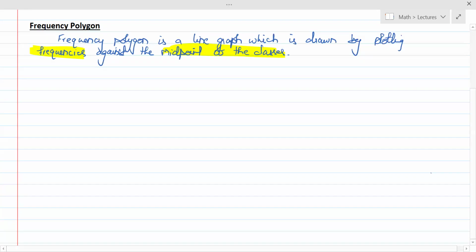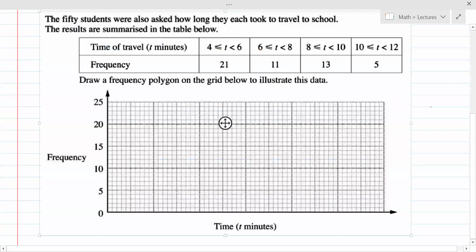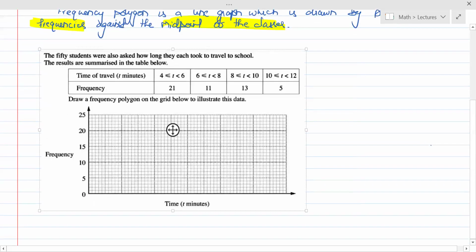In case of this question, what we'll do is we'll first find the midpoints of the classes, and after finding midpoints of the classes, then we'll move on to drawing the frequency polygon. So let's pick one example to understand this further.